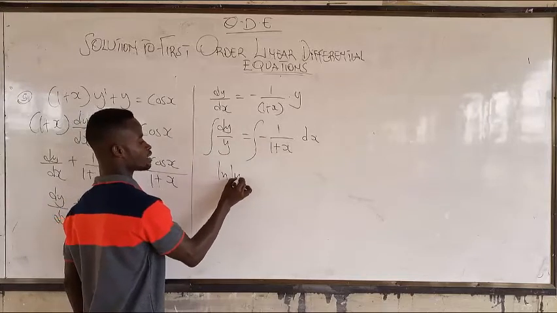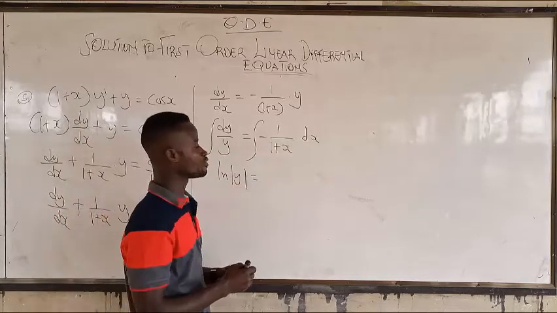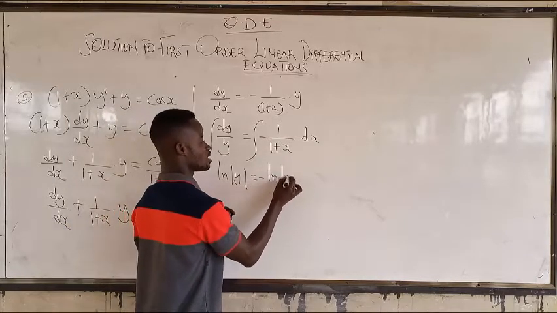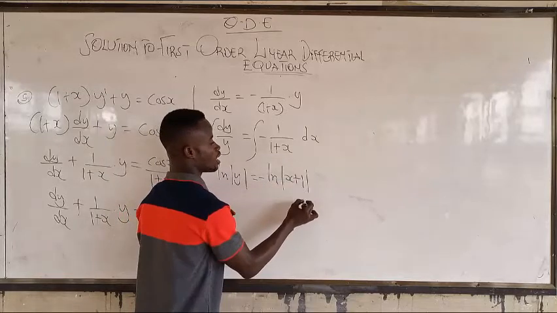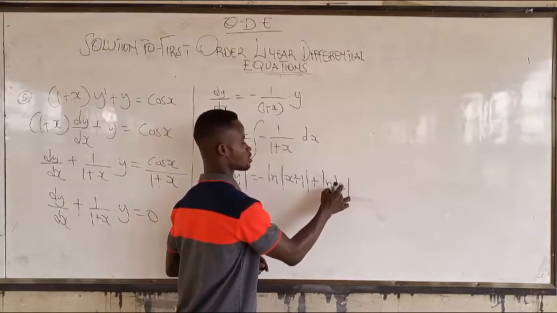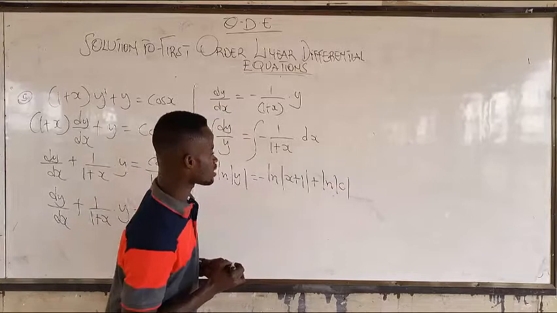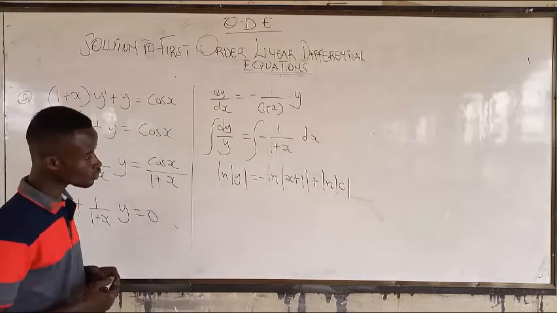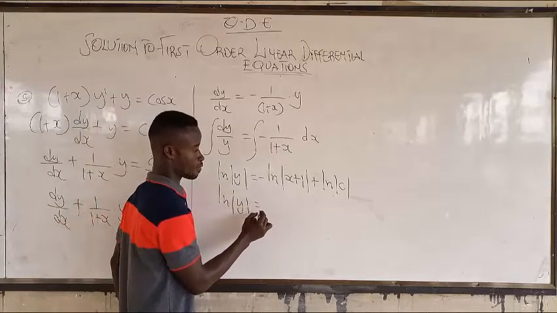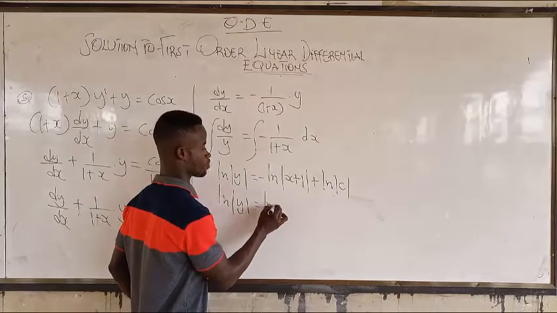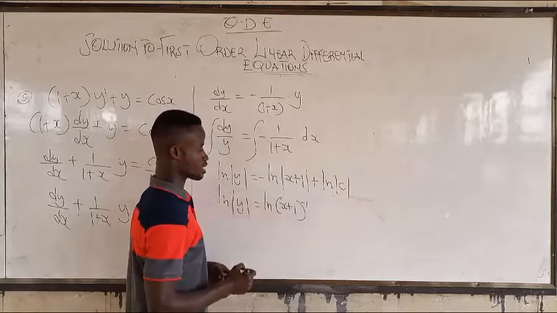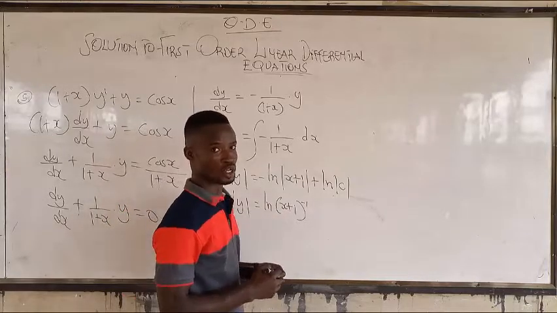We get ln y here. But with this, that is going to be negative ln of x plus 1. I would like to write it that way, plus ln c. Now, we have this. Hope you are following. This negative will raise to this to get that. You know that from your algebra.